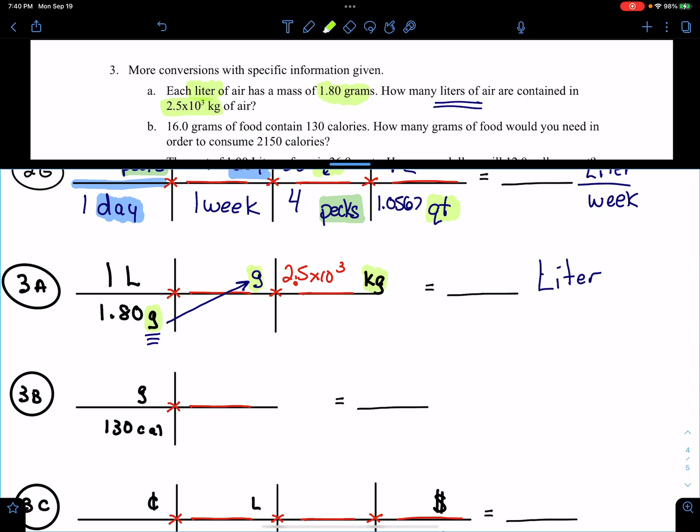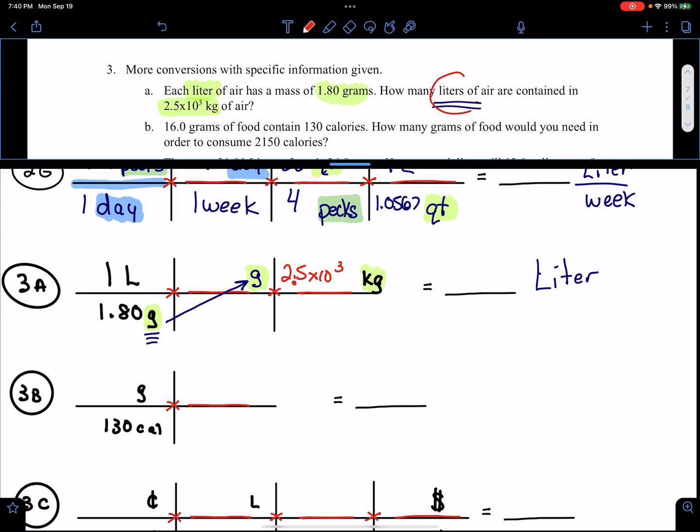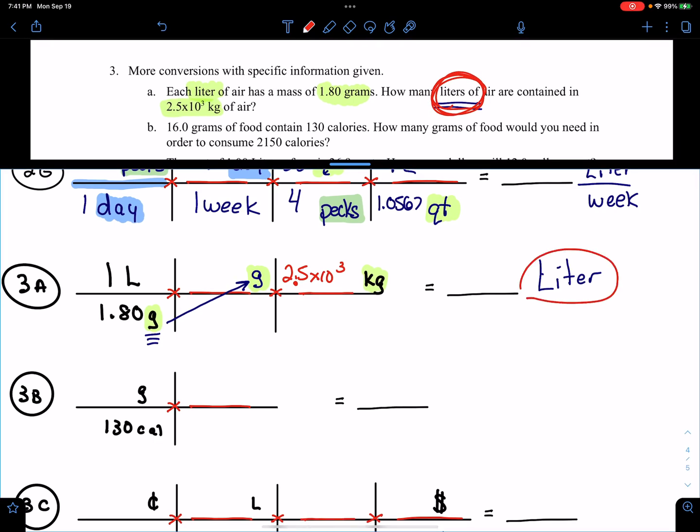So I'm going to highlight this. Now here's the cool thing. You're trying to get rid of the kilogram also, because the only thing the problem said it wanted you to have in your answer is liters. So I can only have liters. I can't mess with this thing, but I have to get rid of the kilogram. So the kilogram, it's in the top right.